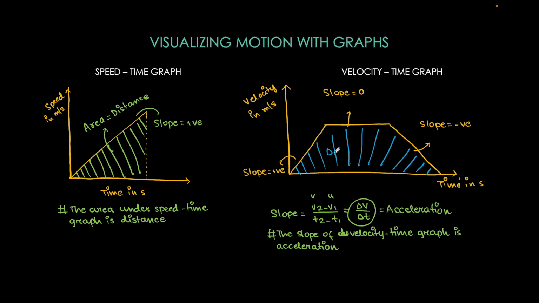Okay. Another important thing is that if you can calculate the area under this curve, the area under this curve will give you displacement. Just as in case of speed, which gives you the distance, so we can write this that the area under velocity time graph is displacement, right?